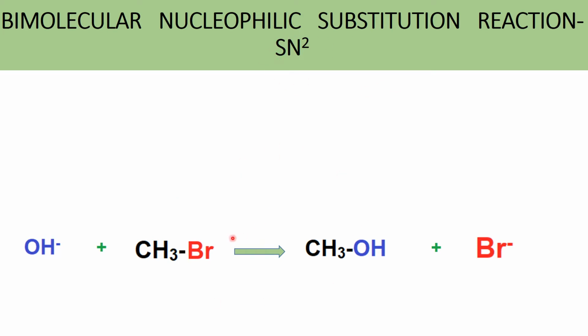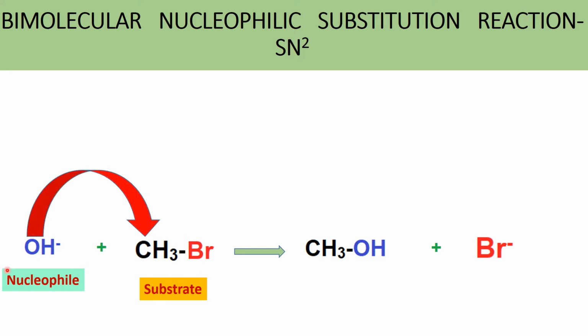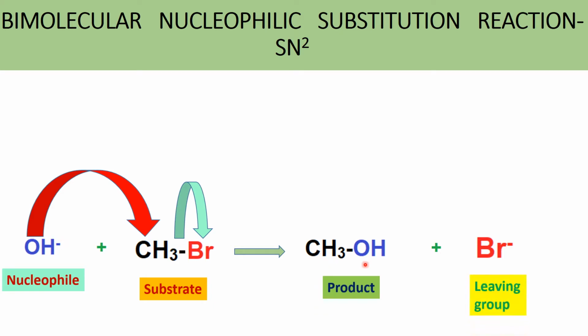Here you can see the nucleophile, that is OH-, which attacks the substrate, that is methyl bromide. The negative charge of the nucleophile attacks the carbon, and the bromide ion is replaced by the nucleophilic attack, forming the product methanol, and the bromide acts as the leaving group here.